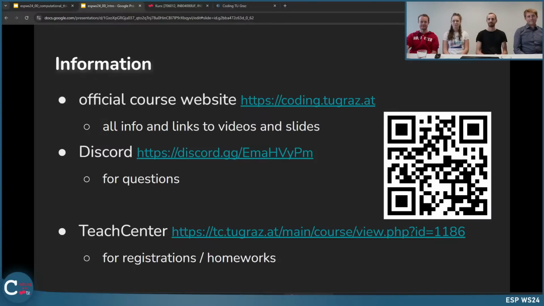All right, let's start with some general information about the course. We have built one huge knowledge base, what we call the course website, and this is reachable at coding.thugraz.at. Here you can find all the relevant information, all the links, all the videos, all the slides regarding this course in this semester.